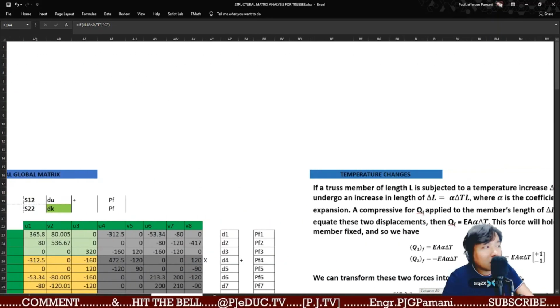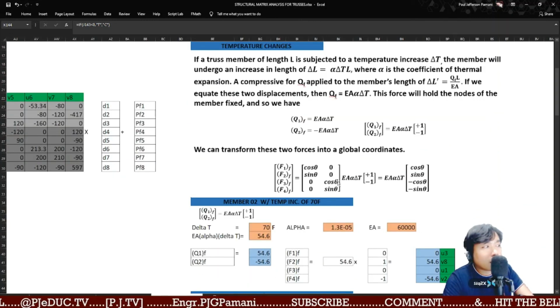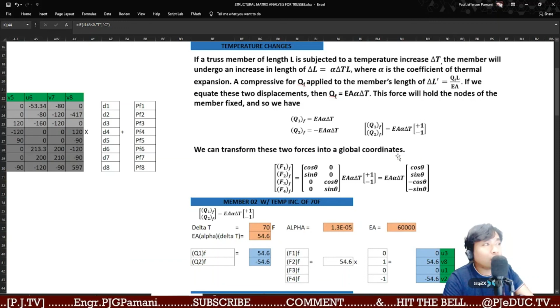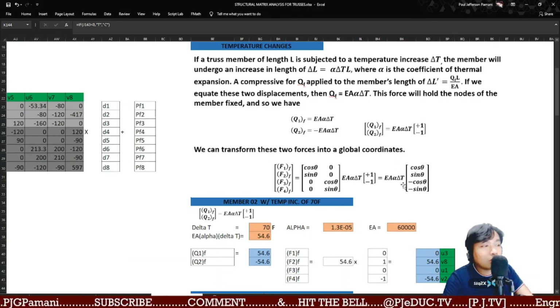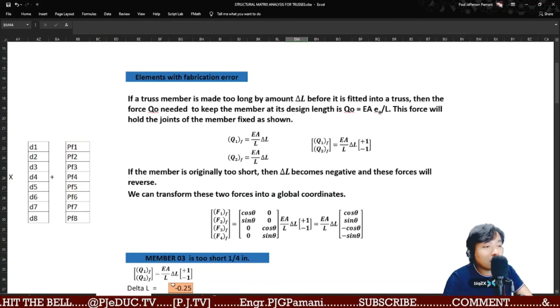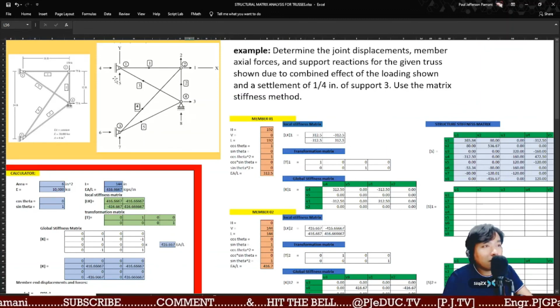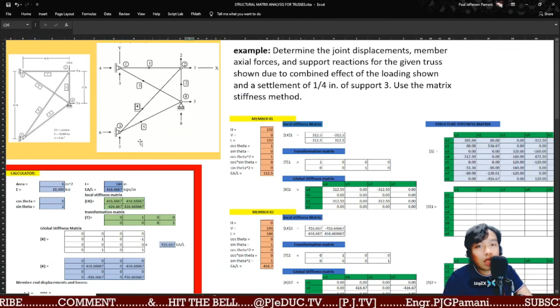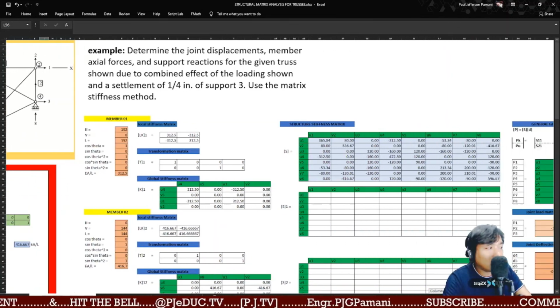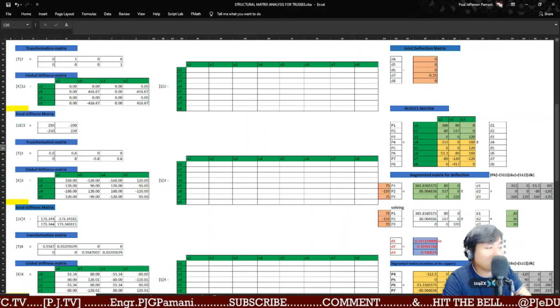Of course, the same again. Wherever there is a change in temperature, apply this formula only there. Wherever there is a fabrication error, apply the formula we gave for fabrication error only on that member. Then, if there is a known deflection within an axis force, just replace the known deflection of D4 to D8 or any other axis forces. Then, proceed with the same solutions and formulas. Basically, it is just step by step and procedural.